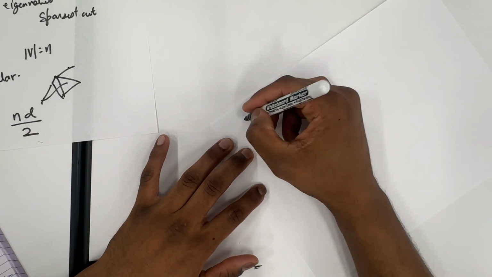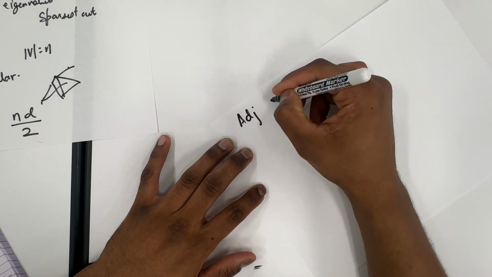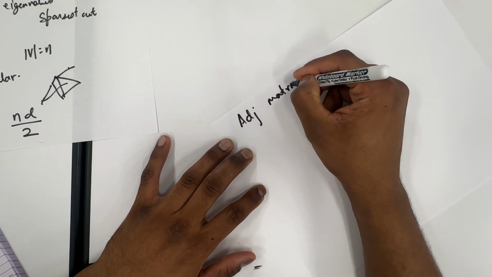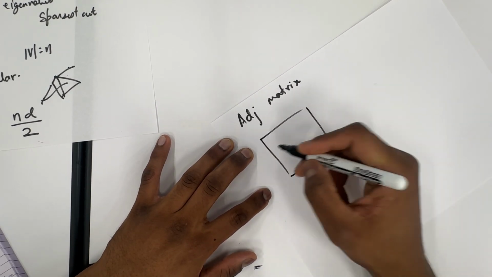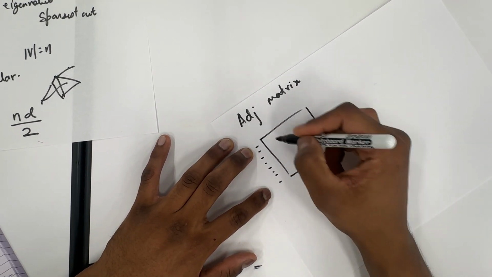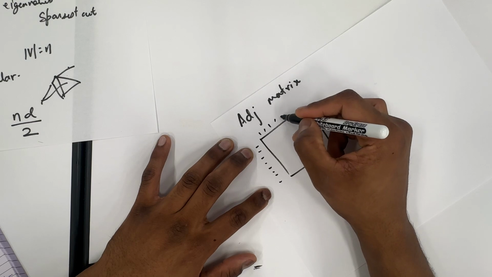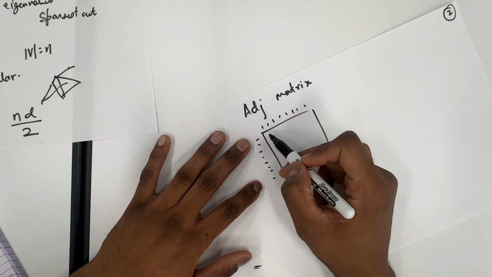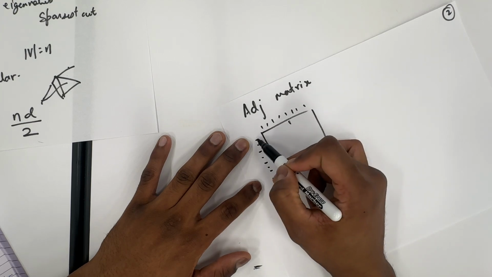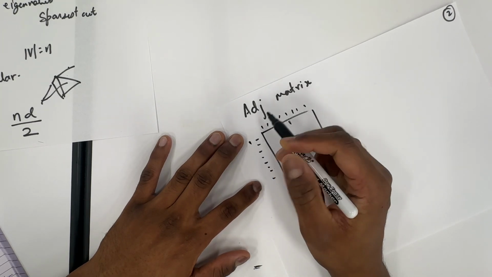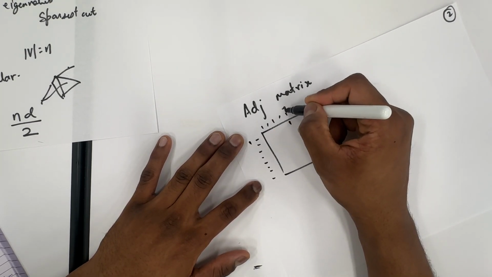So let's look at this graph in terms of the adjacency matrix. What is an adjacency matrix? An adjacency matrix is a matrix where each row corresponds to every vertex and every column corresponds to every other vertex, and the entry is non-zero, let's say 1, when there is an edge that runs from node 1 to node 7, let's say.